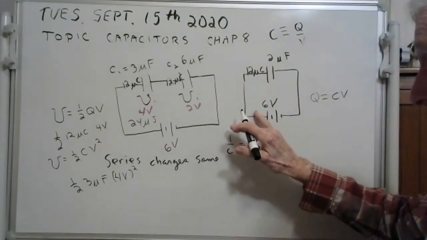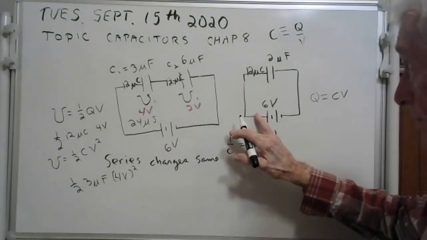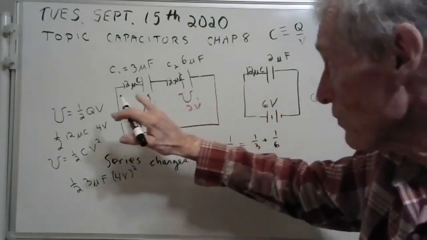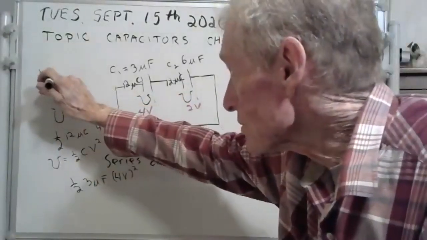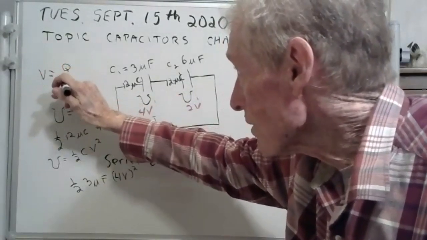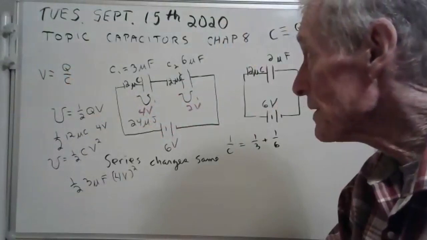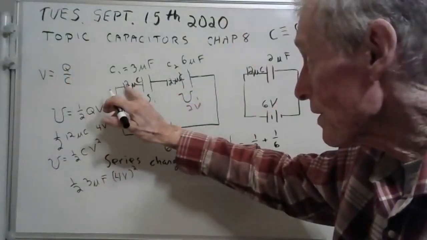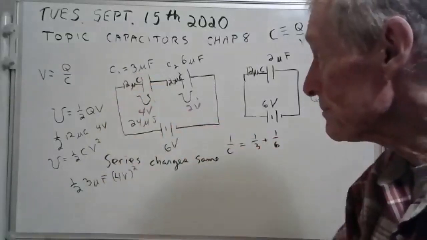See, the dirty little secret is to make this simplified equivalent circuit. You can get the charge. Now, once you got the charge, the volts is equal to the charge divided by the capacitance. If the charge is 12 and the capacitance is 3, what's 12 divided by 3?